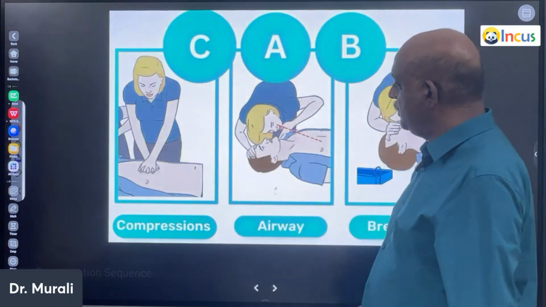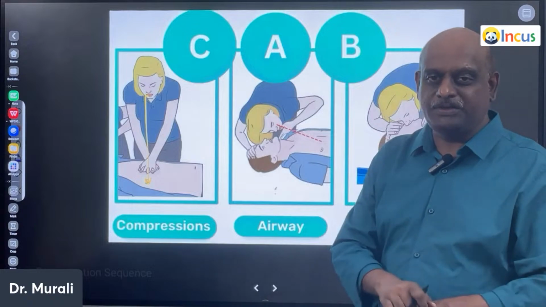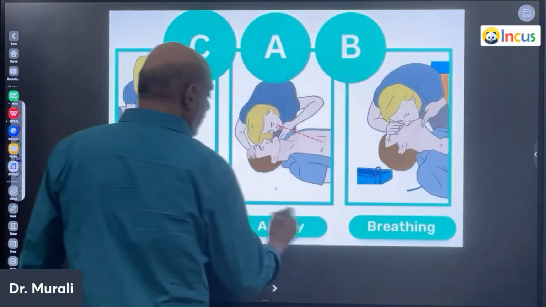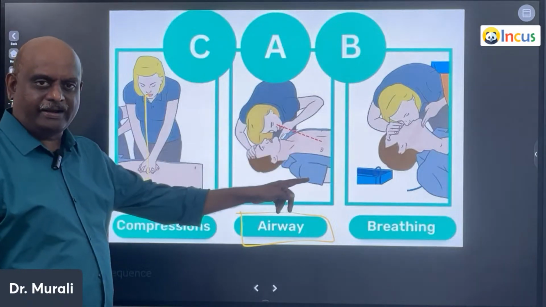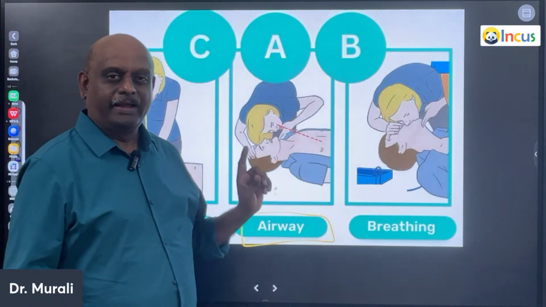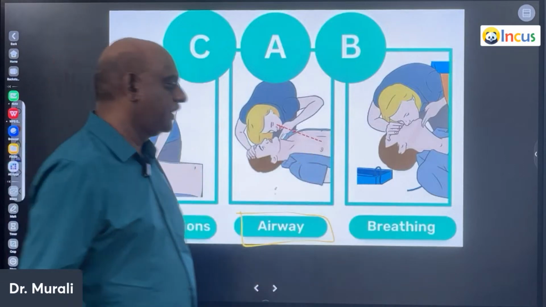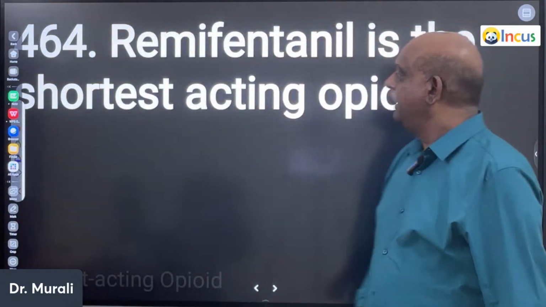So first what do you do? Compressions, just compressions. Then the airway: you need to get the airway clear. Then the breathing. So this is the order, CAB, and CAB is what you should remember.